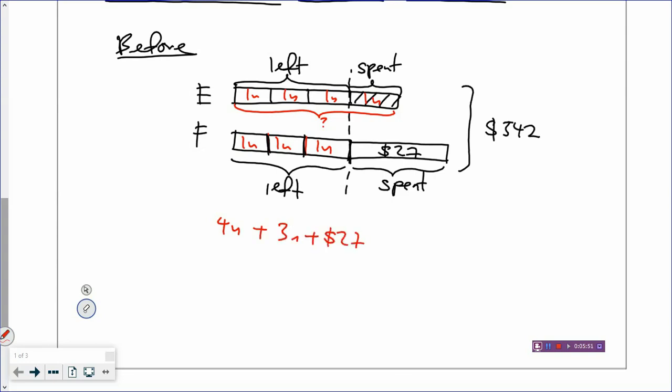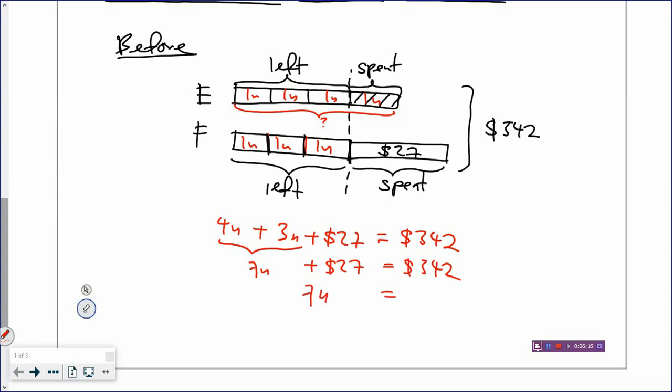So you plus them together, that will give you their total money at first, which is $342. Alright, then what do we do? You add up the units. So 4 plus 3, that will be 7 units plus 27, and that gives you $342.